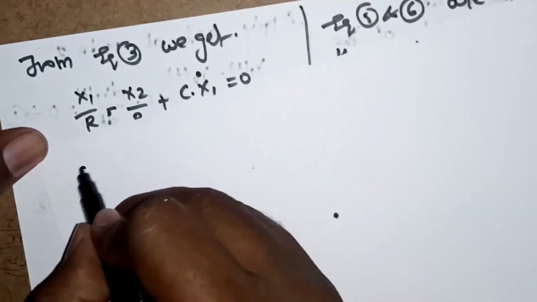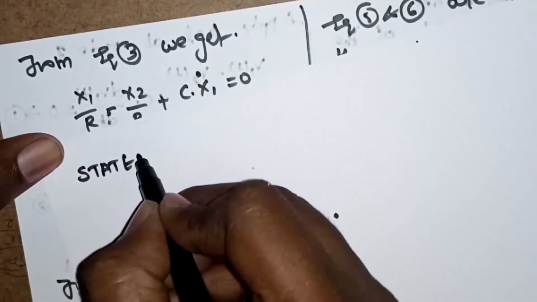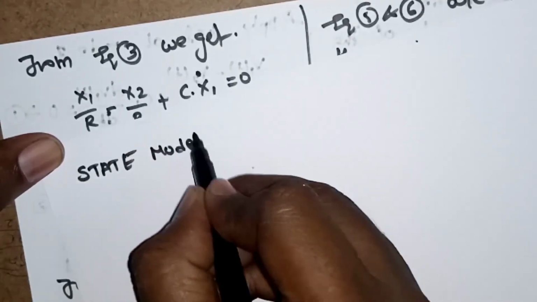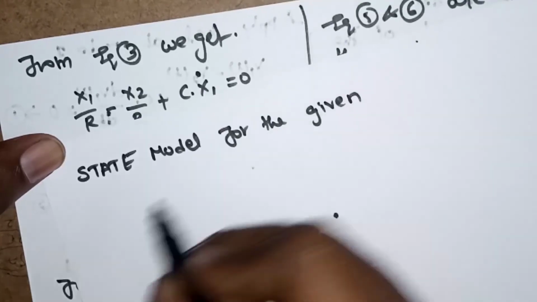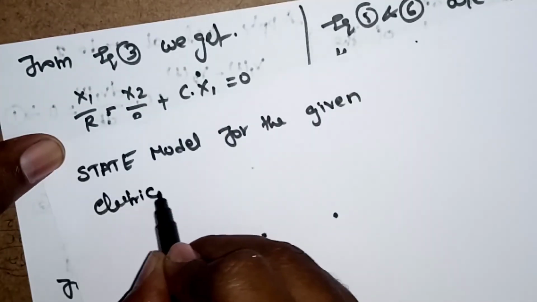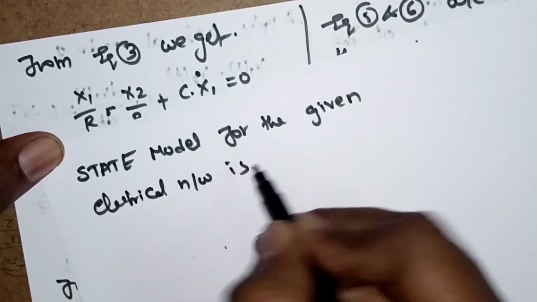What is the state model? The state equation and output equation together we call a state model.